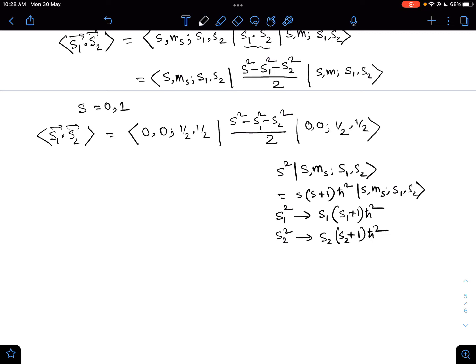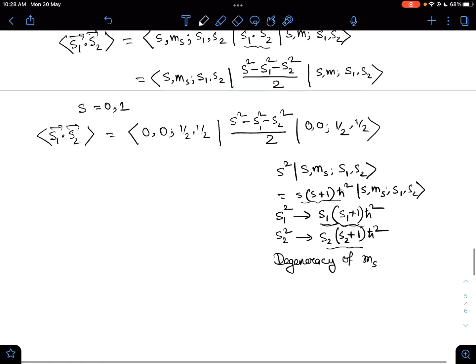Now note that in all these eigenvalues there is degeneracy in Ms, because whatever the value of Ms, these eigenvalues don't depend on it. So in this problem we don't have to be concerned about the value of Ms. Whatever the value of Ms, our eigenvalues will remain the same.